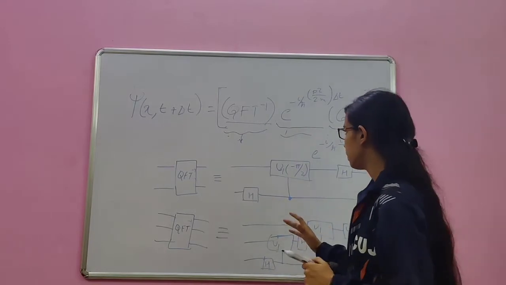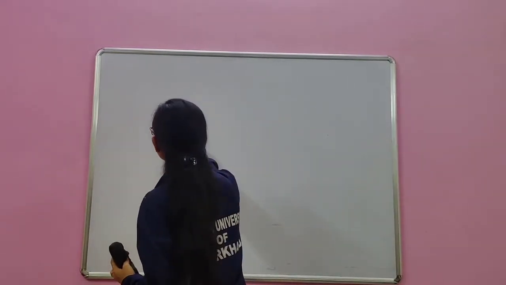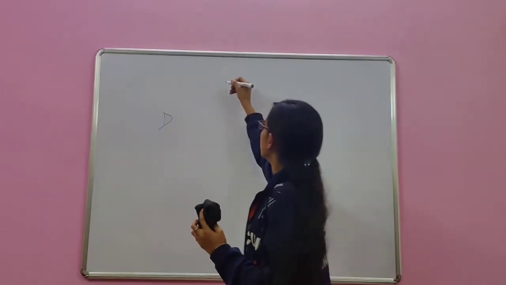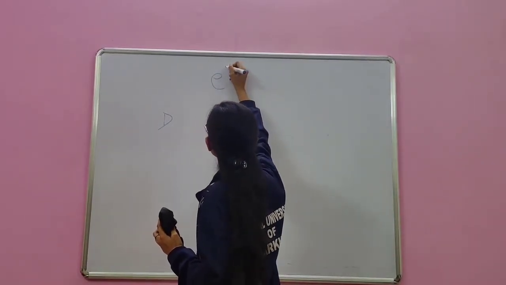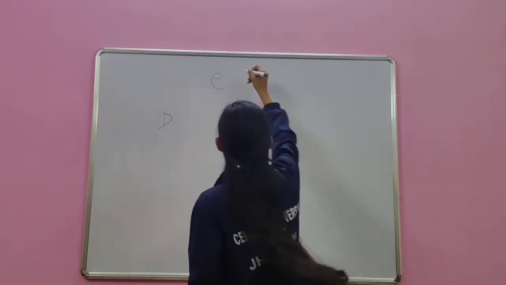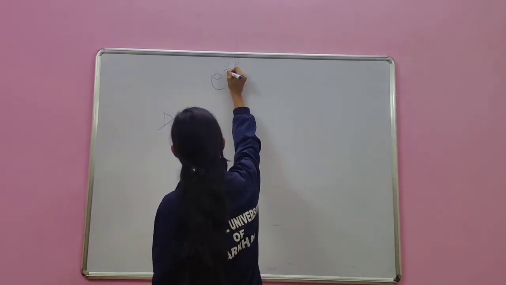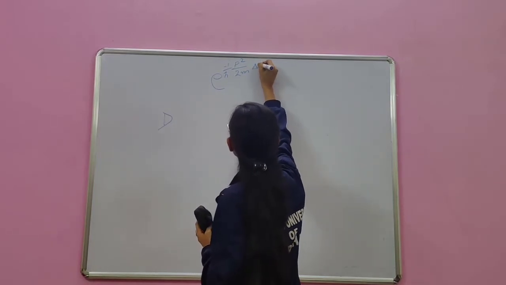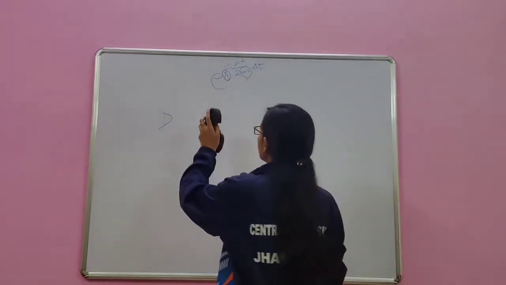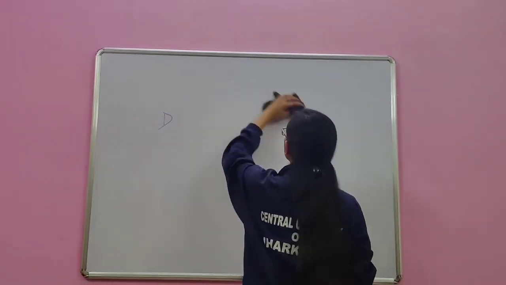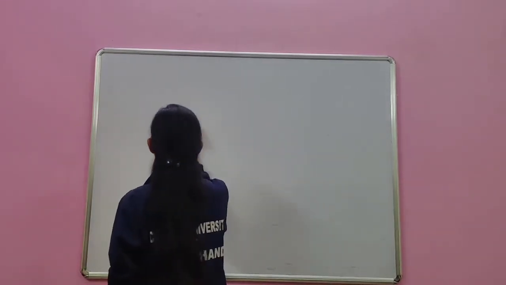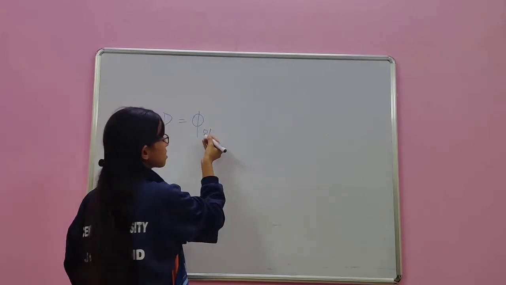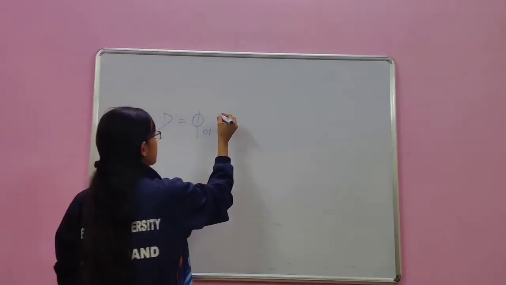For 3 qubits, as Adrij told, the kinetic energy part was e to the power minus i by h cross p square by 2m delta t. For momentum, we are going to implement the gate, where the indices 0 and 1 also represent qubits.